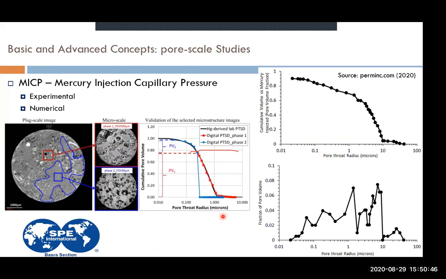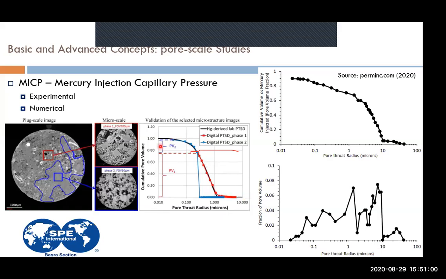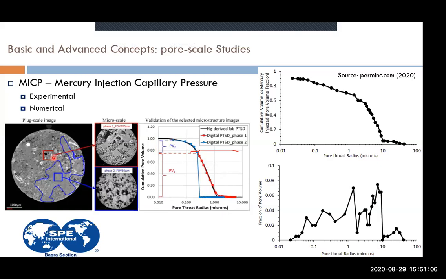Here again, in red you can see that you can find the distribution using a specified voxel size, acquisition and micro CT equipment, and then in the second part, performing with a high resolution in a different region. Here, for example, you can see the region with larger pores and the one with smaller pores.